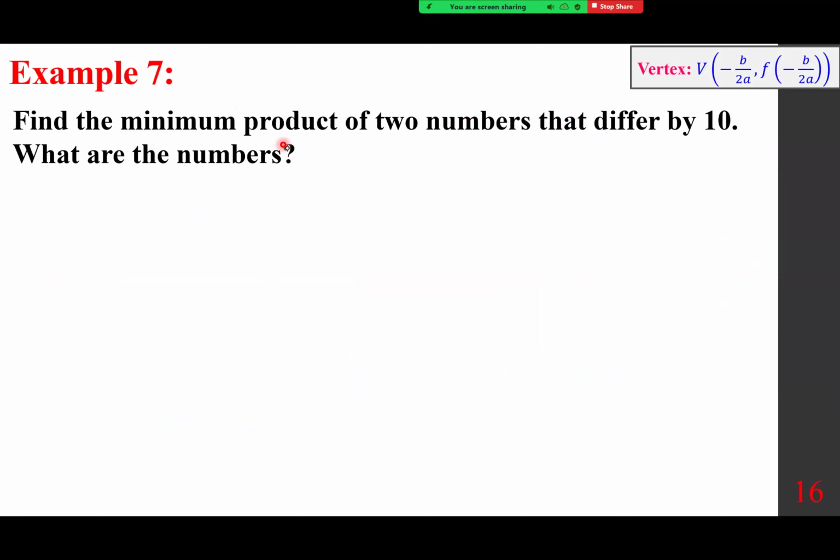Find the minimum product of two numbers that differ by 10. What are the numbers? Well, we don't know the numbers, so we're going to call them x and y.